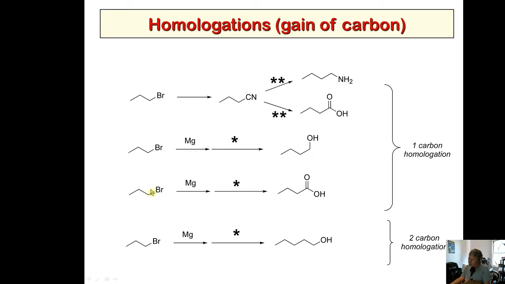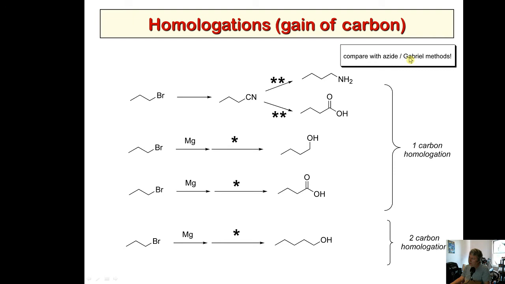You can also attach a single carbon through formation of a Grignard and CO2, making a carboxylic acid. Two carbon homologation, for the most part, the key one you learned is make a Grignard and then react with an epoxide, and that kind of just adds the two carbon piece. That's not that exciting. It's two carbon homologation.